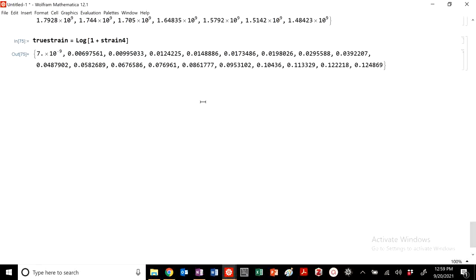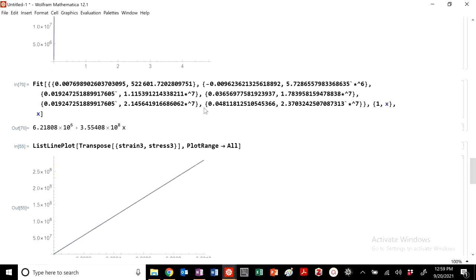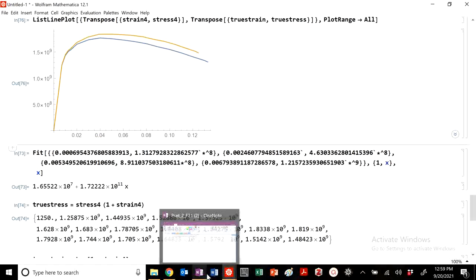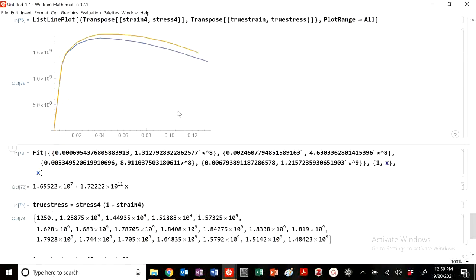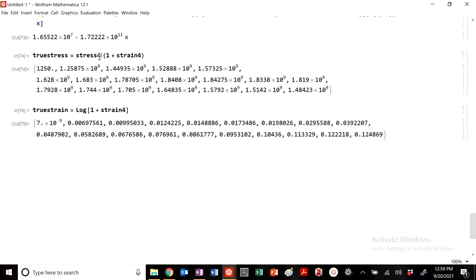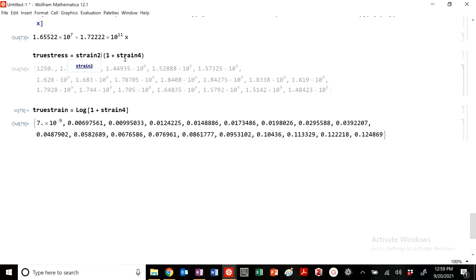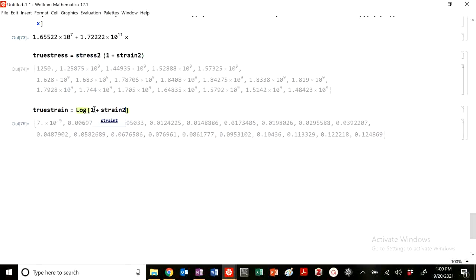There's a cool one for the polymers, actually. It looks really cool, and you'll see that in a little bit. Actually, let's do that very quickly. So our polymer, stress 2, strain 2.